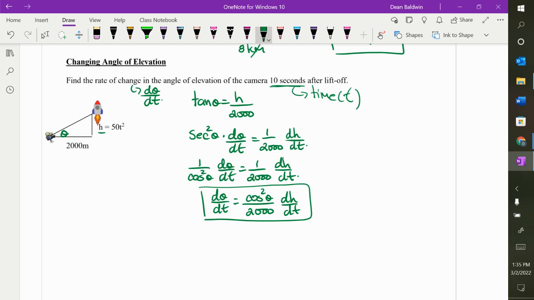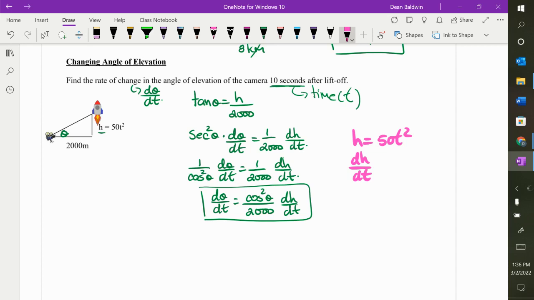50 times t. It's not 50 times t, it's dh dt. So if h is equal to 50 t squared, I take the derivative of that to get dh dt. Now, does this match this unit? Yes, it does. So you can just do a regular derivative, right?